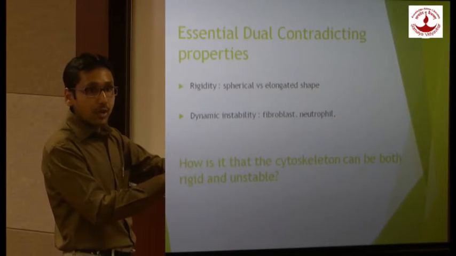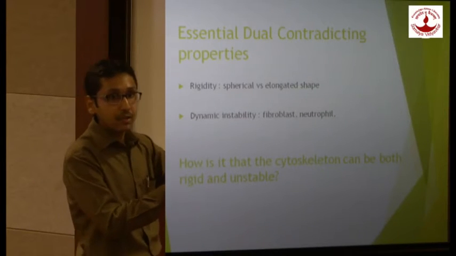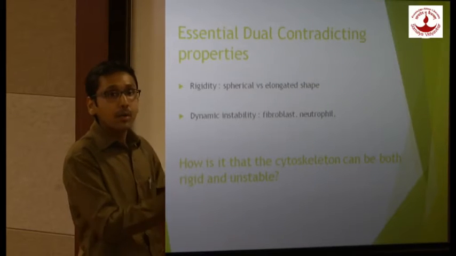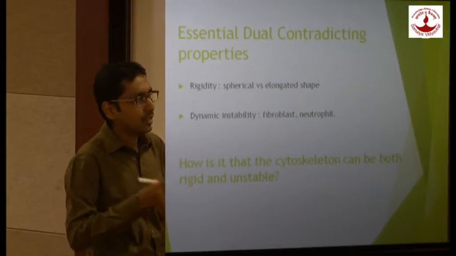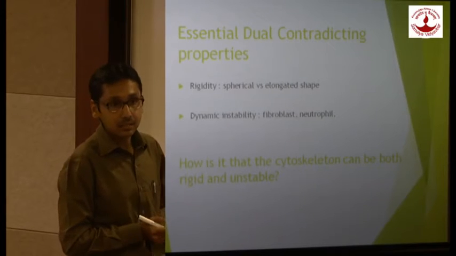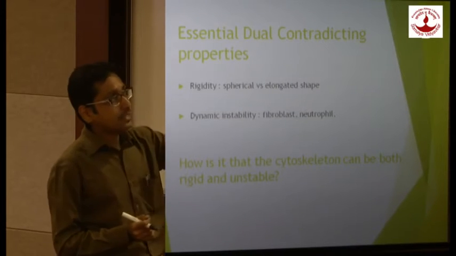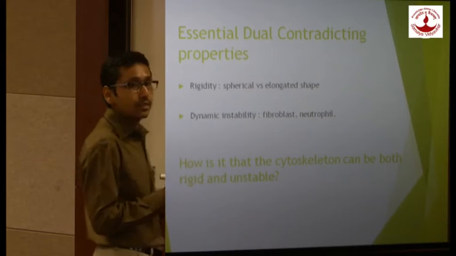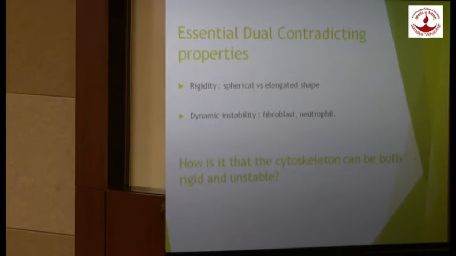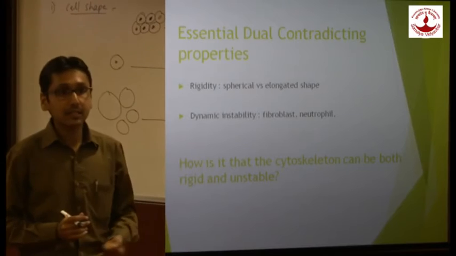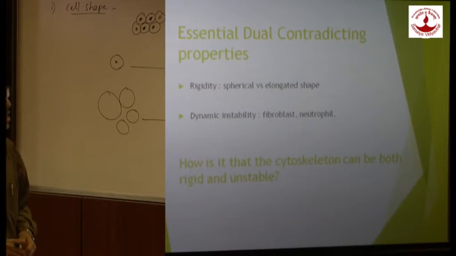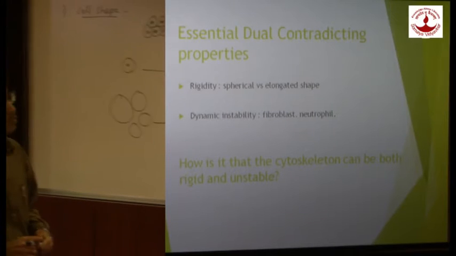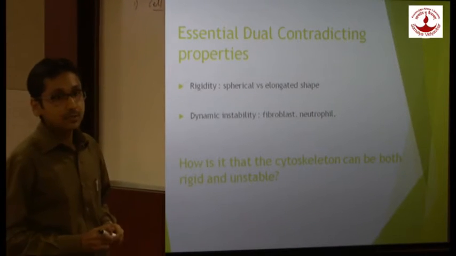So it has to have a property which allows it to be regulated. There has to be a dynamic instability or intrinsic instability. This example is the fibroblast and neutrophil, which require chasing of the target and nullifying the target, the bacteria, in an immunological response. So these are the two properties which are important.